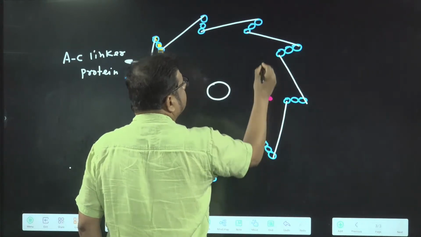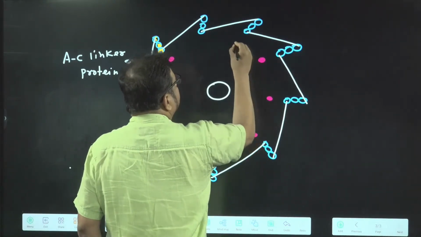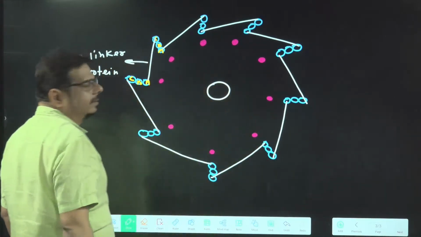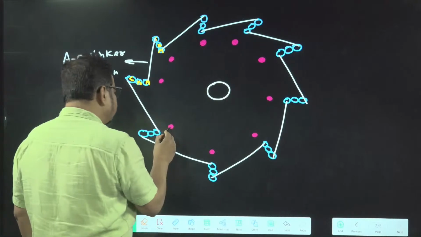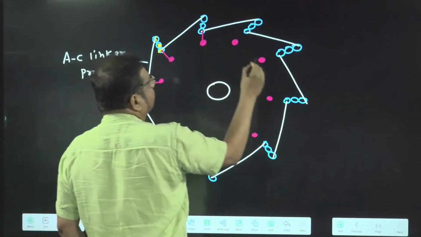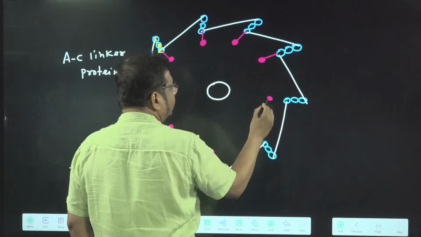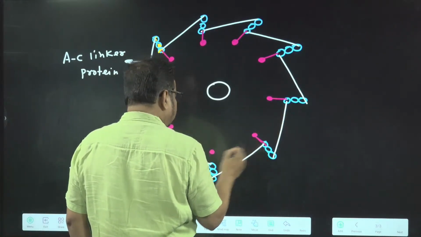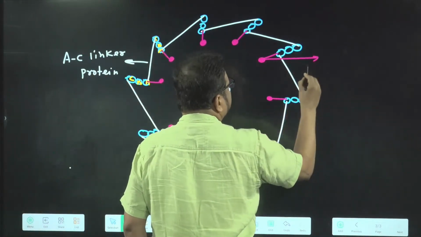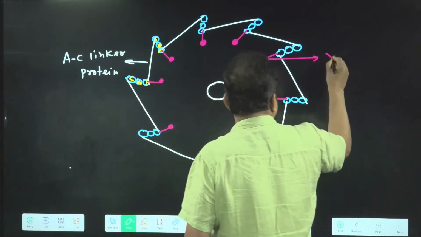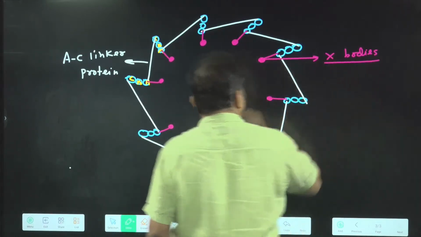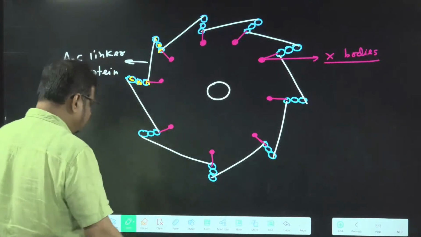Below every A, there is a dense material present, and this dense material is connected with A. Got the idea? So this dense material has a name. It is called X bodies.